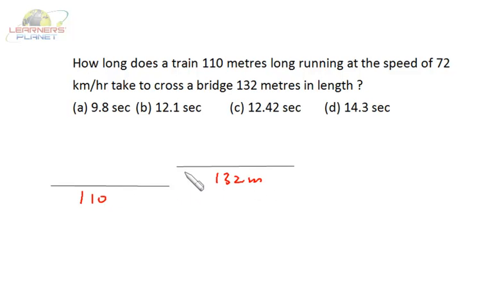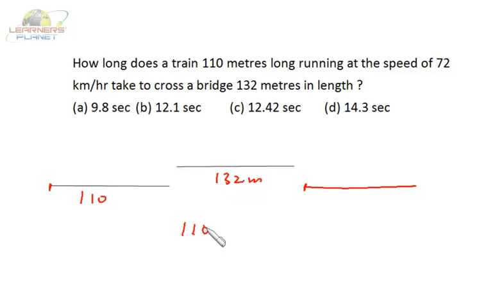If this train is crossing this bridge, after crossing the situation must be like this. That means this point should come to this place. This point is moving 110 meters, then further it is moving 132 meters. That means this point is moving 110 plus 132 meters.